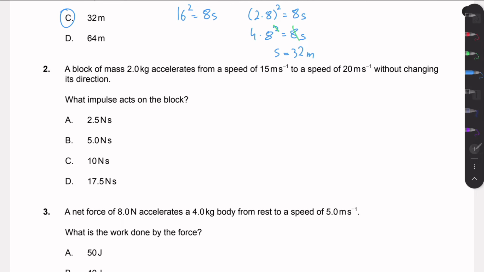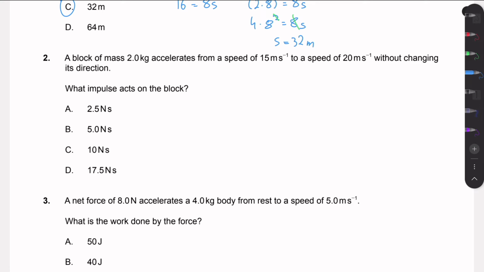Then we have a block of mass 2 kilograms accelerating without changing direction. We need to calculate the impulse acting on the block. Impulse is the change in momentum, so it's going to be the force times the change in time.